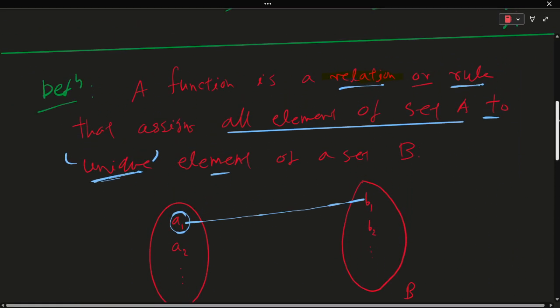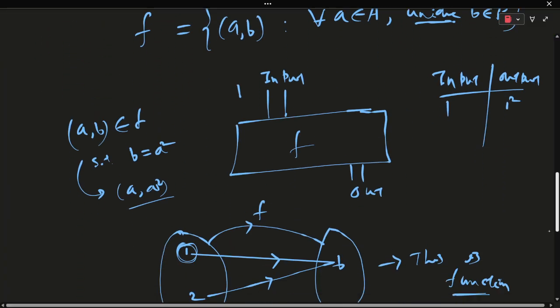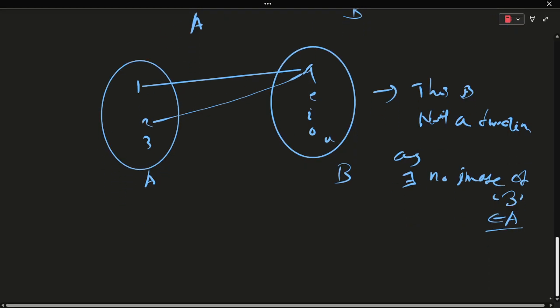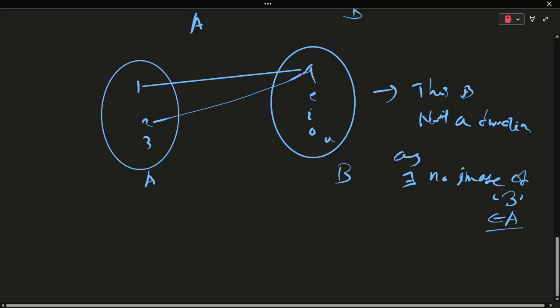See the definition. All elements of set A, all elements, each has an image, and that particular element of A has a particular image.